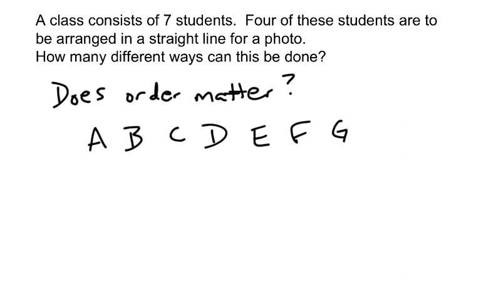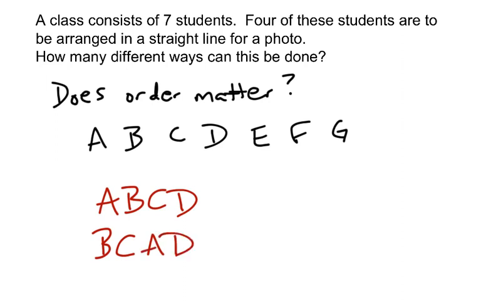Well, if I take a photo that has A next to B, next to C, next to D, that's going to be different than if I shuffle the order around this way. That's a different picture. B is now on the left instead of being one of the 2 students in the middle. So the order definitely matters here. By changing the order, I've changed the photograph. So order matters, so I have a permutation.